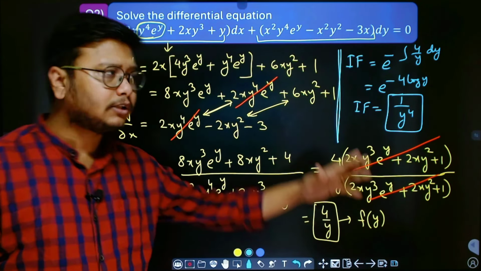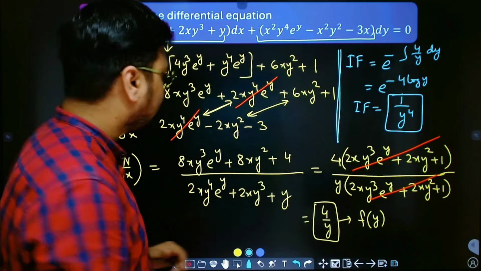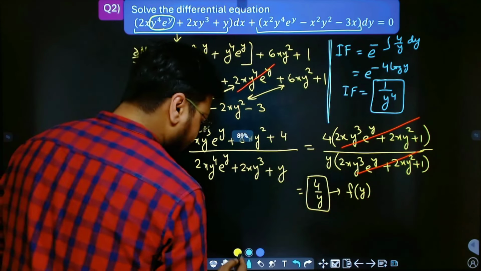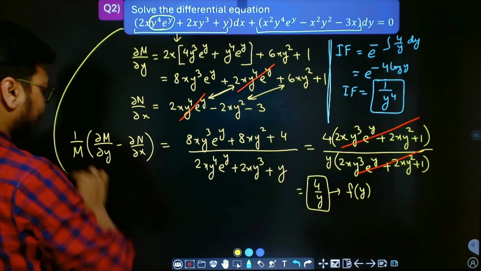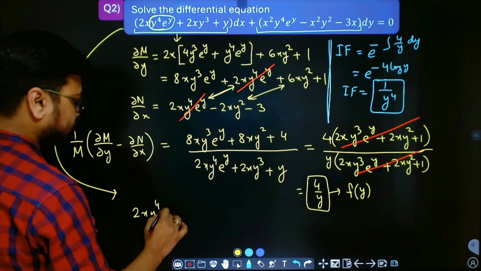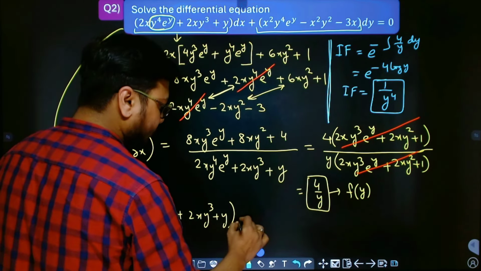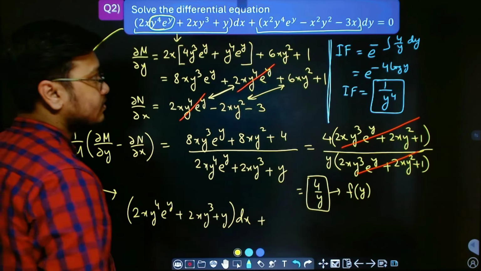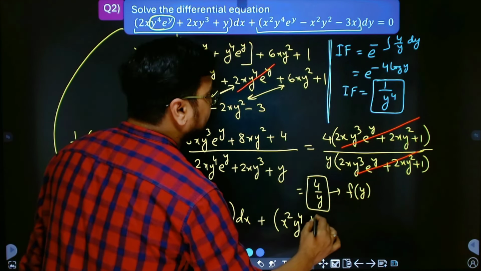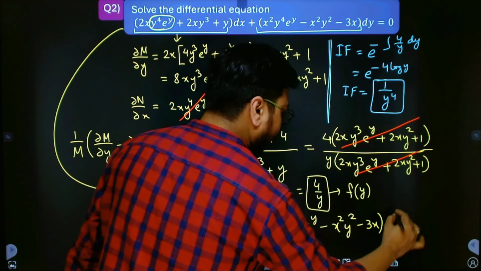Now again, same as before, I'll multiply the entire equation with 1 by y to the power 4, and let's see what we would get out of this. So I'll just copy out the main equation first, which is 2x y to the power 4 e to the power y plus 2xy cube plus y, plus x square y to the power 4 e to the power y minus x square y square minus 3x whole dy.